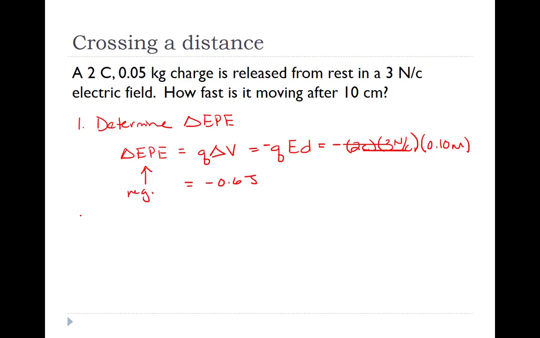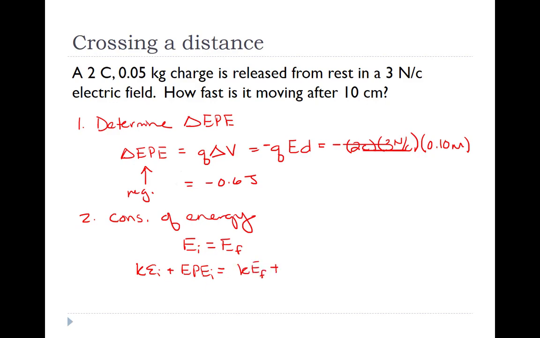Now we can use conservation of energy to find out how fast. Conservation of energy tells us that the initial energy has to equal the final energy. KE initial plus EPE initial has to equal KE final plus EPE final. I'm going to rearrange it so that all my EPEs are on one side, all my KEs are on the other.